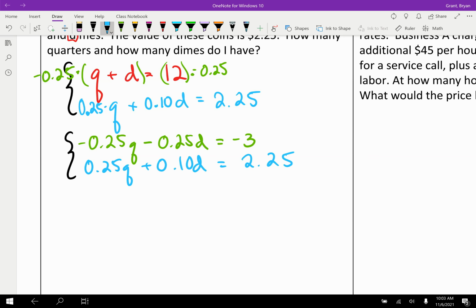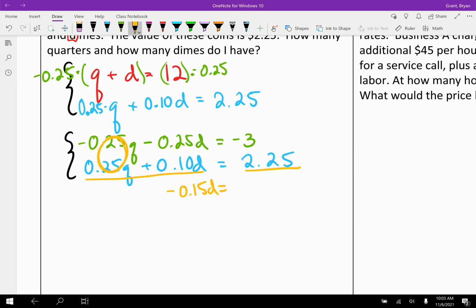Okay, if we combine like terms here, is anything going to cancel? Well, I think so. We have these two, we have our equals, cancels. Then we have negative 0.25d plus 0.1d, and I think that's going to give us negative 0.15d.